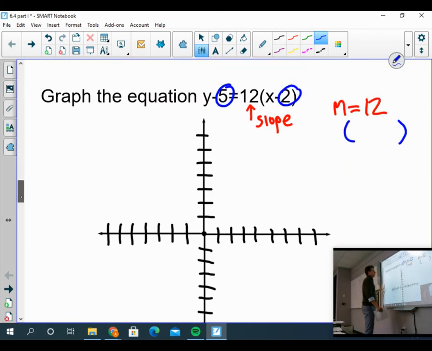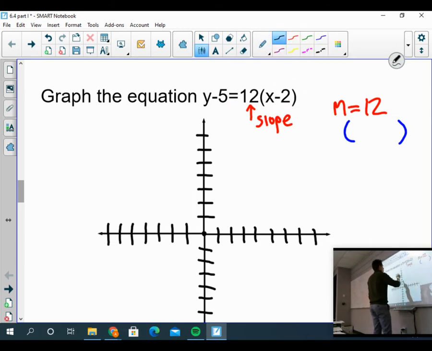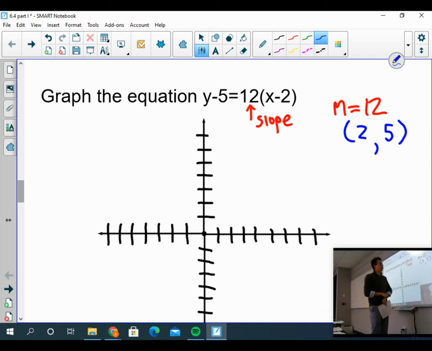So back to my problem here, I've got minus 5 as my y point, which the minus is just part of the equation. So my actual coordinate point would be positive 5 for the y and positive 2 for the x. Now that given the equation, I have pulled out my slope and my point, I'm going to go ahead and plot my point and then graph with my slope.